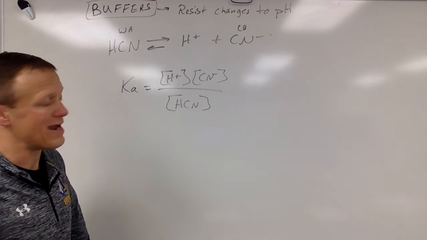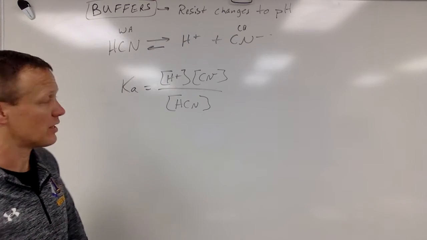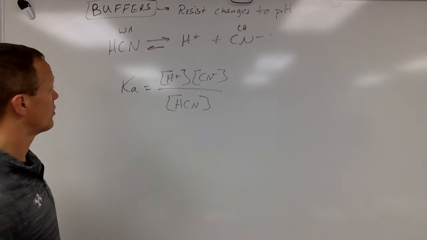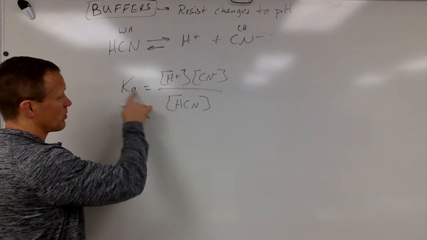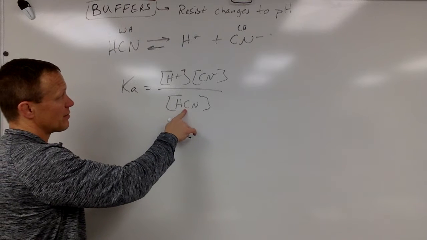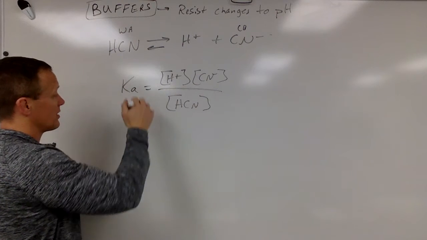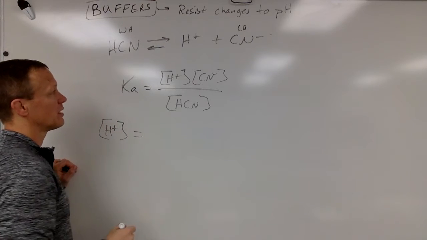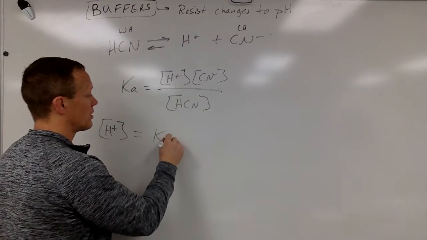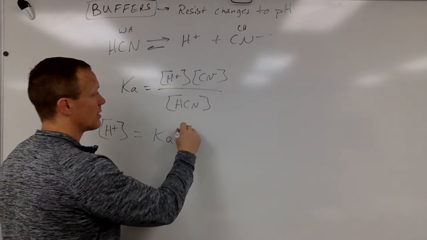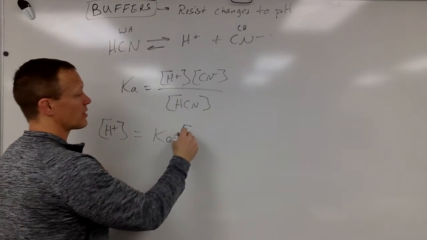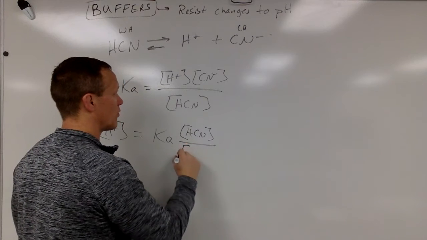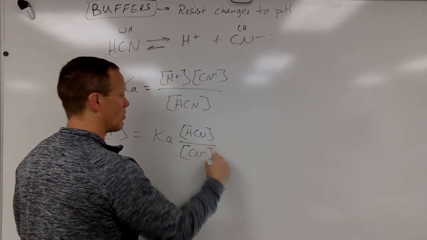I'm going to rearrange this a little bit and solve for H plus. If I cross multiply, I have Ka times the acid equals H plus times CN negative, and dividing by CN negative, you end up with this: the concentration of H plus equals your Ka times your concentration of acid over your concentration of weak base.